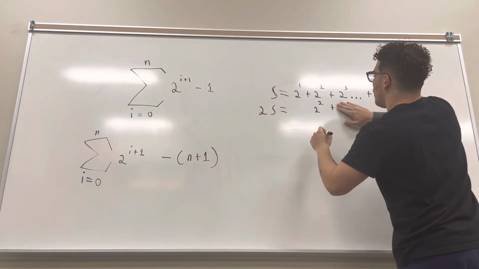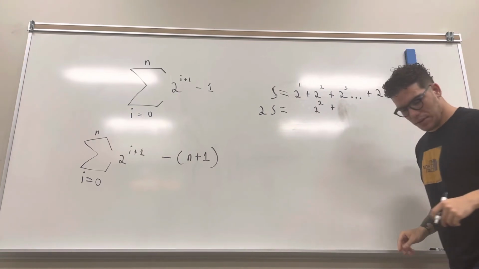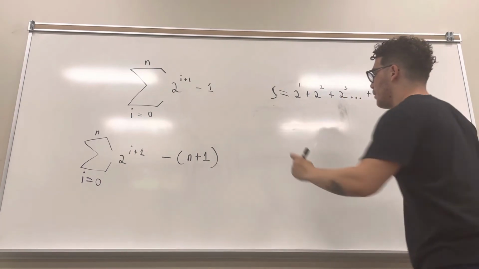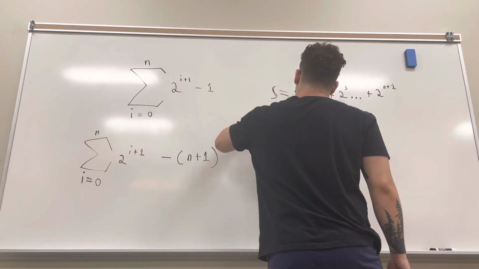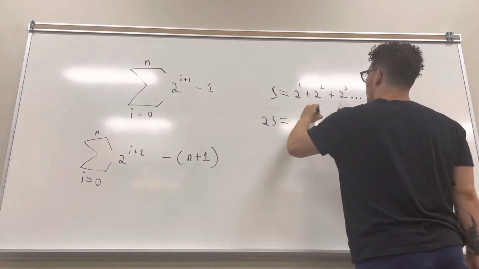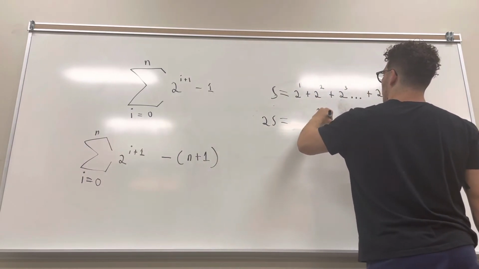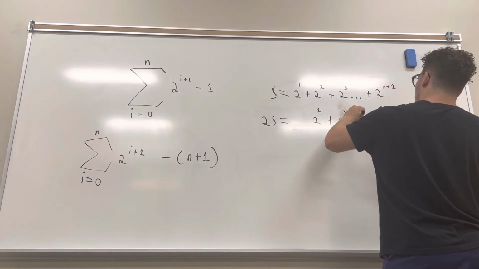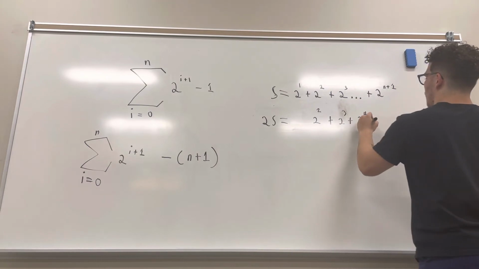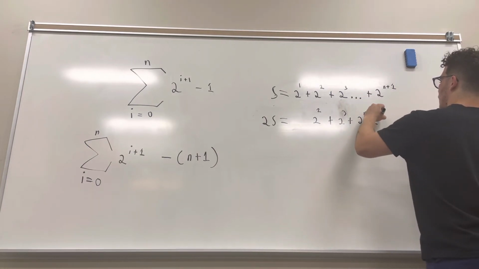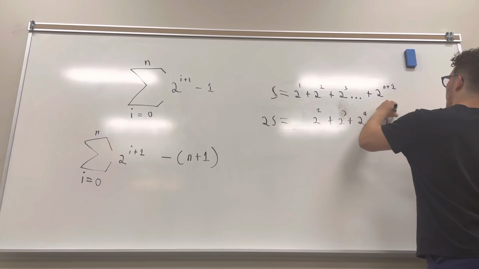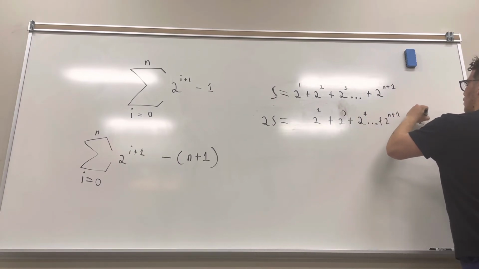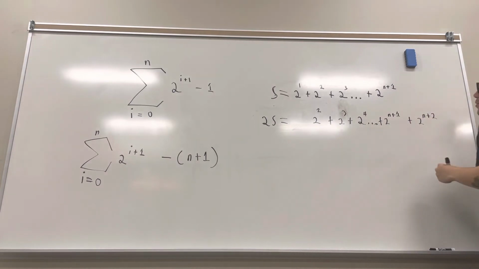I keep writing them so close to each other, let me rewrite this real quick. There. 2s equals 2 to the second plus 2 to the third plus 2 to the fourth, dot dot dot, plus 2 to the n plus 1. And then our next term is 2 to the n plus 2.